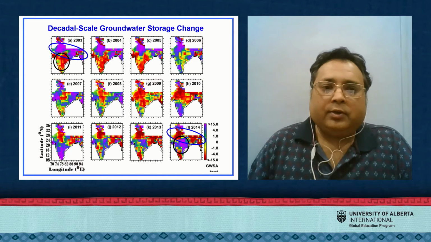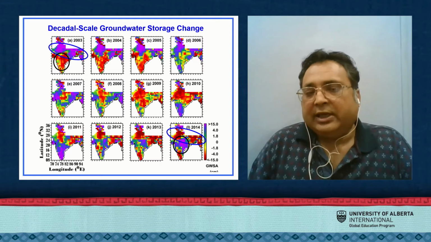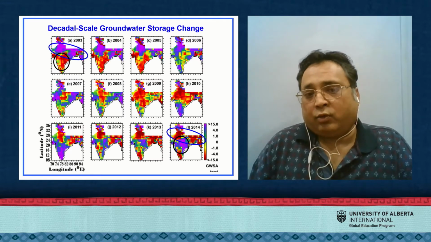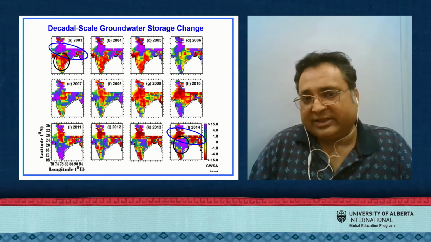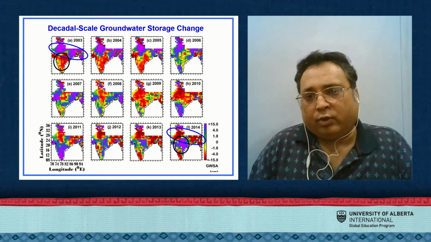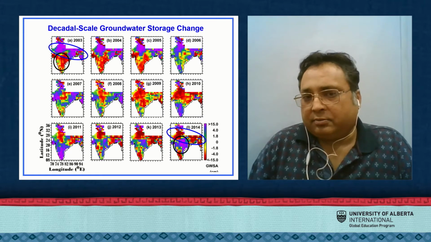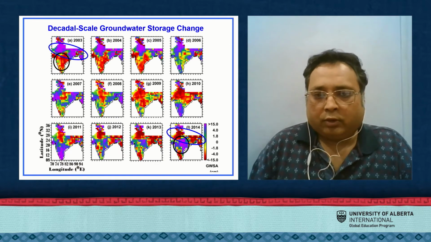We would expect groundwater to be slowly depleting because India is the largest consumer of groundwater across the world, much more than even the second and third, which are the US and China. So of course we would expect Indian groundwater to be depleting, but this replenishment brings a new story to the whole gamut of things.